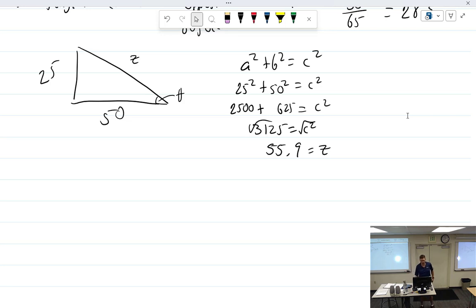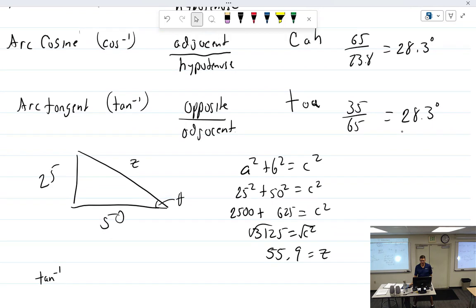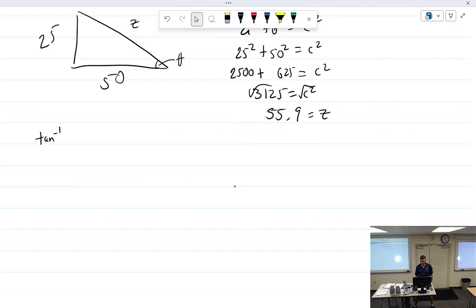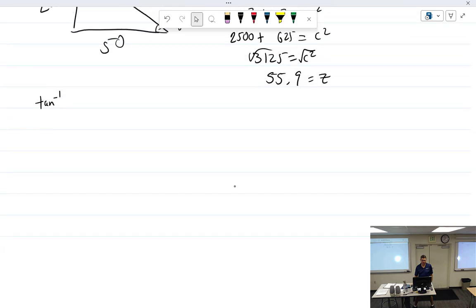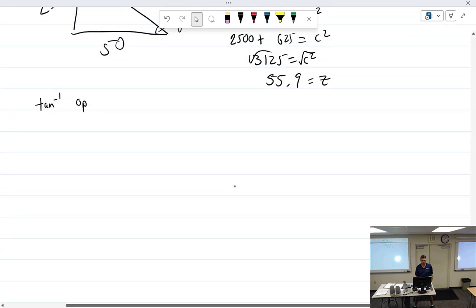So now we want to know that angle. Which one should we use here? Tangent. Tan minus 1 is opposite over adjacent. Got to make sure you have it on the right side. So the opposite is 25 over the adjacent 50.